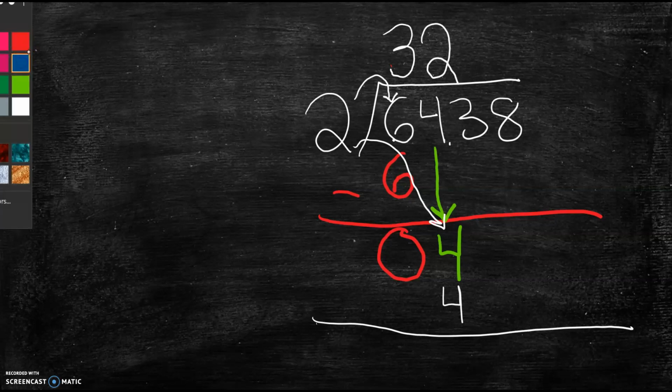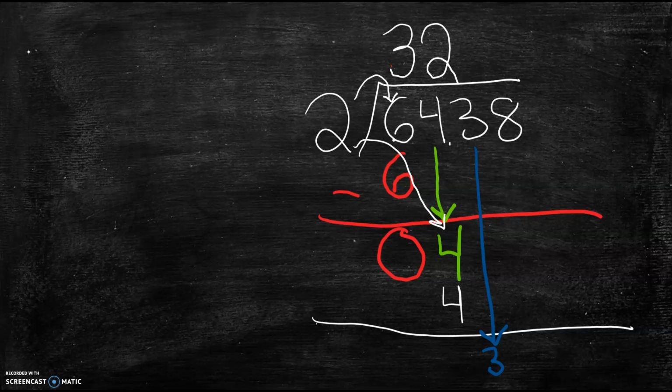So, then we're going to bring down the number 3. Well, what then? How many times does 2 go into the number 3? Like say Miss Martinez, 2 doesn't evenly go into 3. We'll have 1 left over. That's right. But if it were to go into 3, how many times would it go in? That's right, just once.